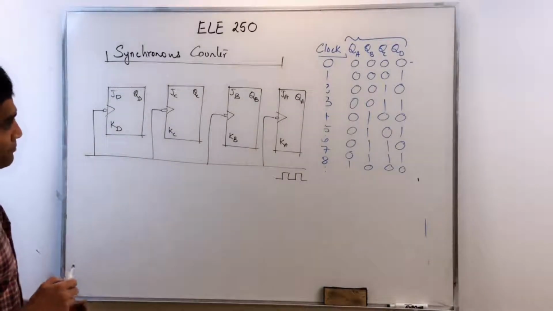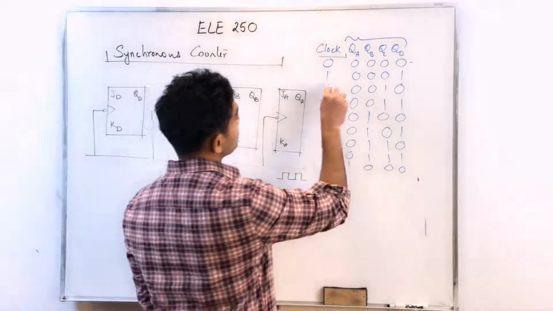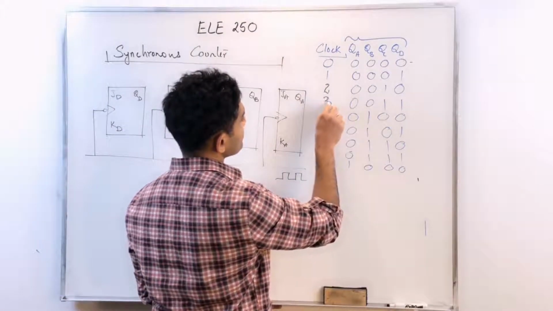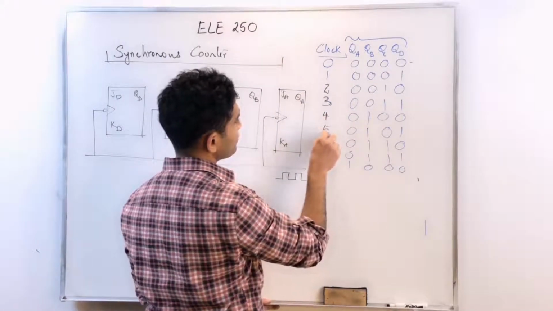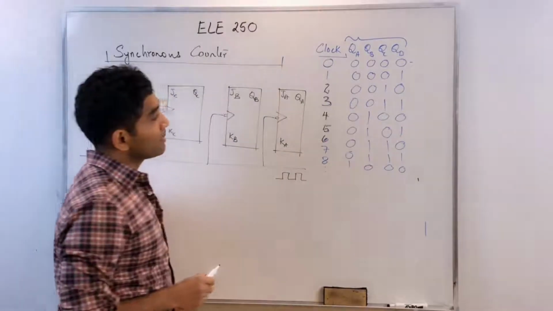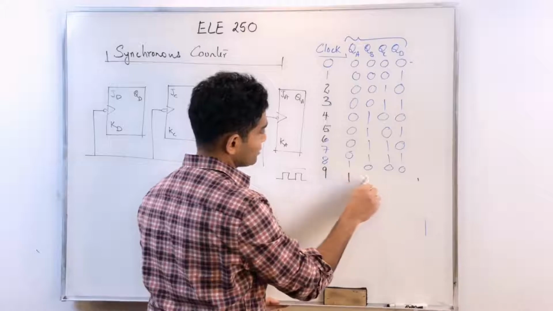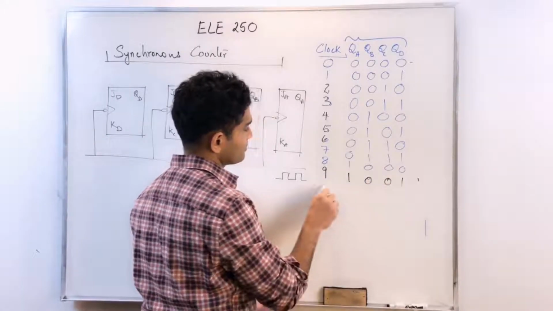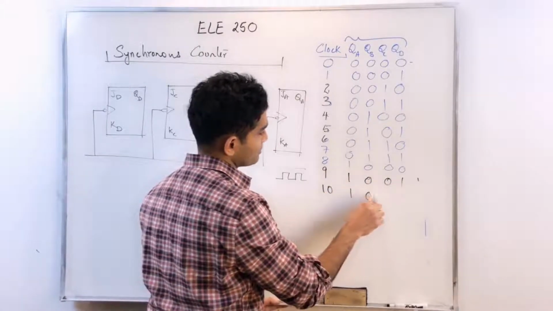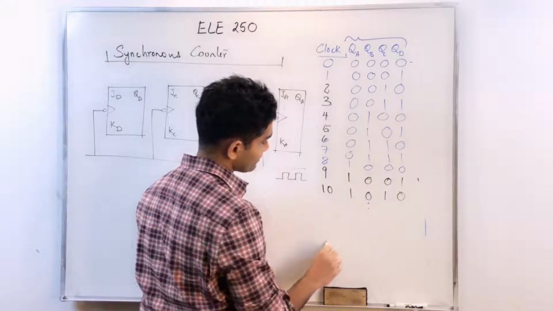And this is the count I want to get: 2, 3, 4, 5, 6, and so on until 15.